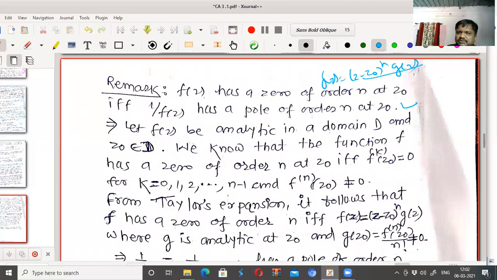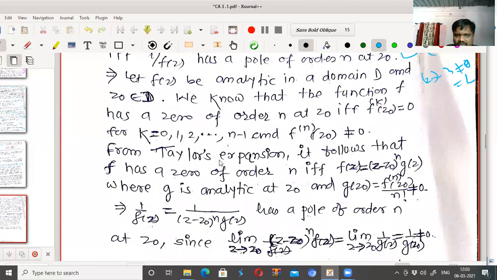What will be 1 upon f of z? 1 upon z minus z0 to the power n g of z. And here in this case, if I multiply this by z minus z0 to the power n and take limit as z tends to z0, then it will not be equal to 0. You will get some limit. Therefore, 1 upon f of z has a pole of order n there. Okay, that is the remark, no doubt. That we have proved here.